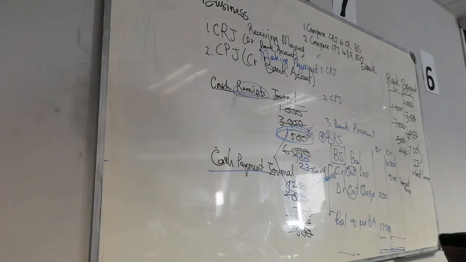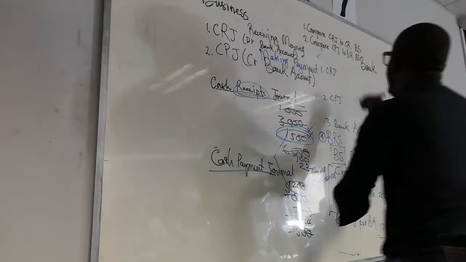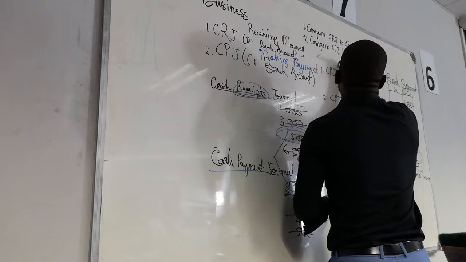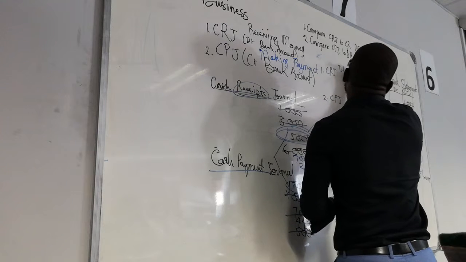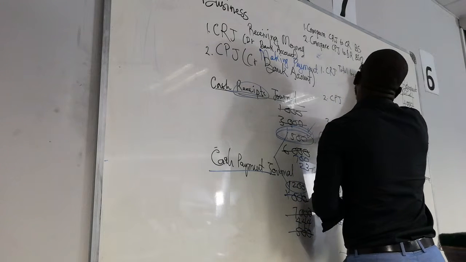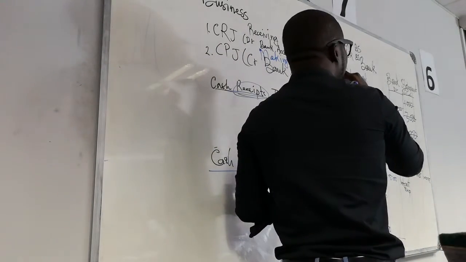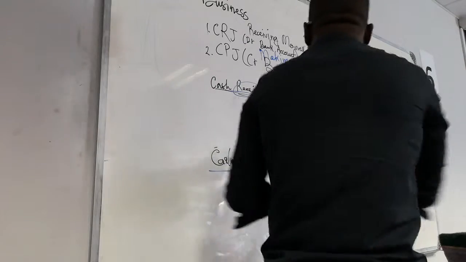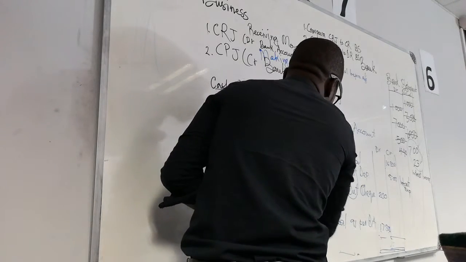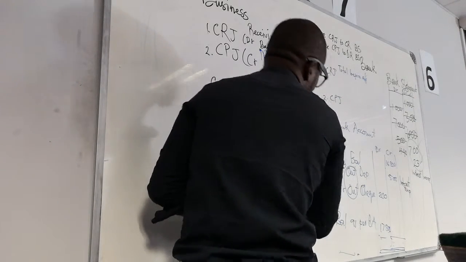Are we together? So in adjusting our CRJ, we're going to start with what I like to call a free mark. We're going to have a total before adjustments, before we do the comparison. Before this 700 here, before this 23, how much was here?